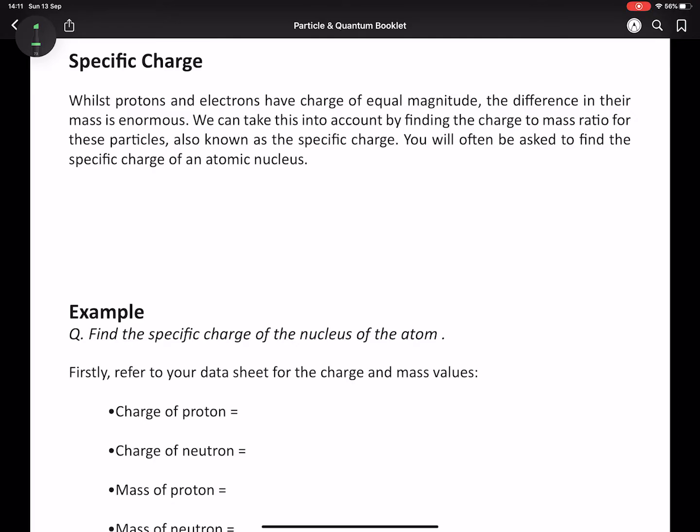Now, considering specific charge itself, you are not given an equation for this in your data booklet, but it's fairly obvious. As they give you values for the specific charge, the charge to mass ratio, for both the electron and the proton, the unit for each is a reminder that specific charge is just a ratio of charge and mass, that you're dividing charge by mass.